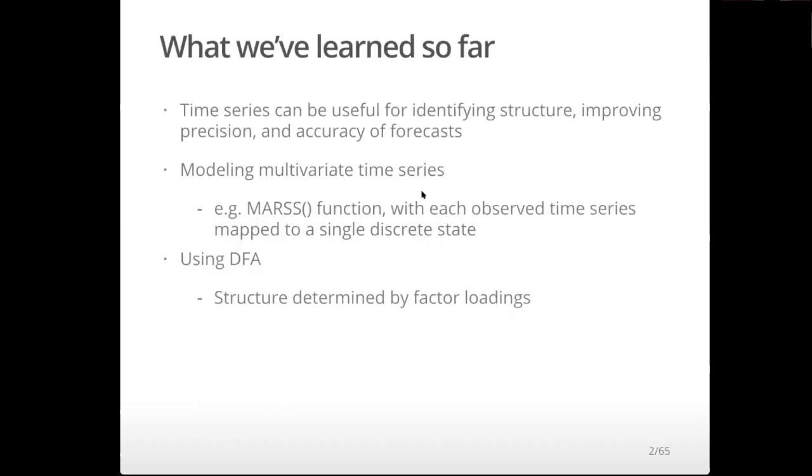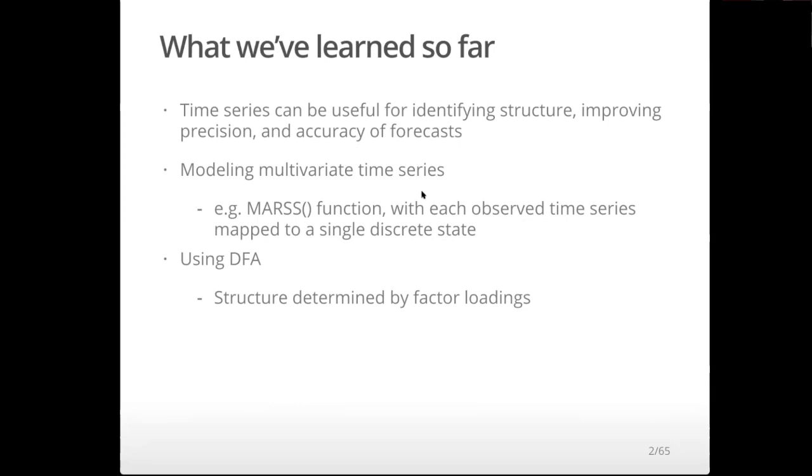All right, so we have been talking a lot about multivariate time series data over the course of the class, and our aims in analyzing this kind of data can have multiple objectives. One of those might be identifying structure, so figuring out whether two time series are measuring the same state.